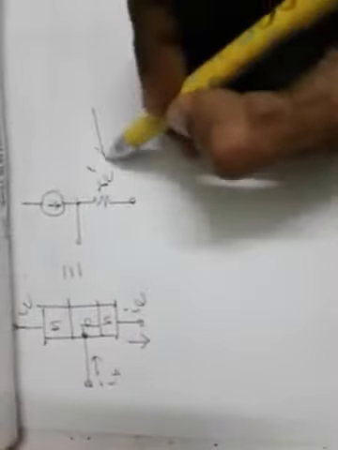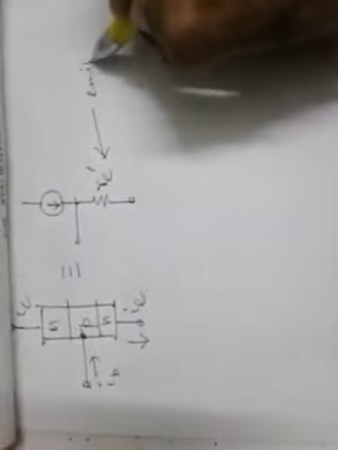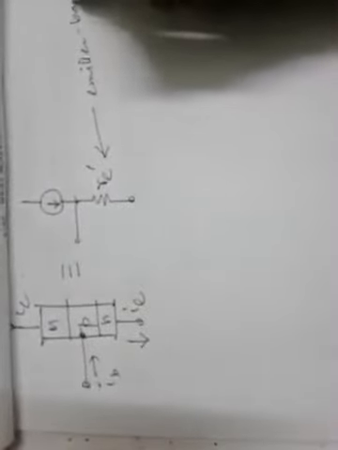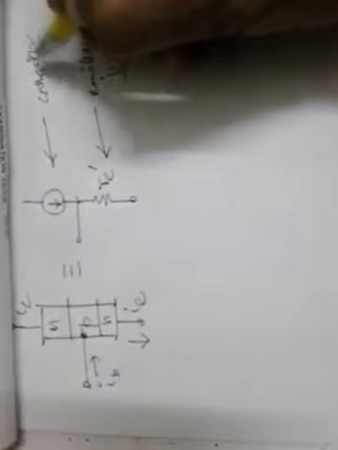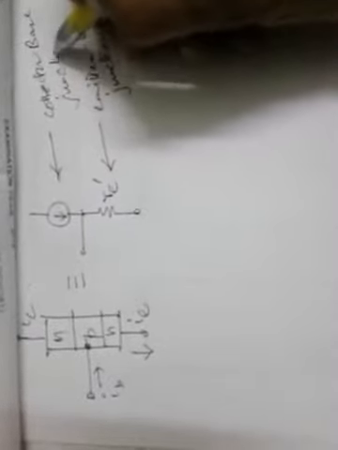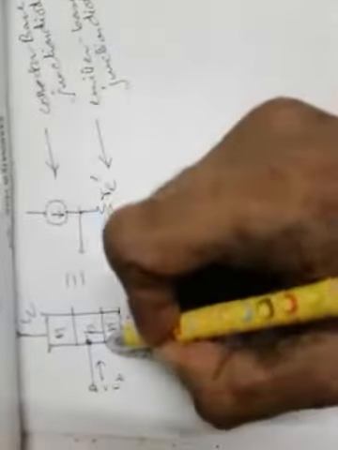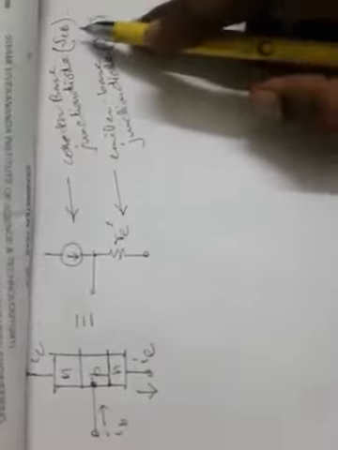Now this is the representation of the emitter base junction diode, and this is the representation of the collector base junction diode. This is actually JEB and this is JCB. So one is junction JEB, another is junction JCB.